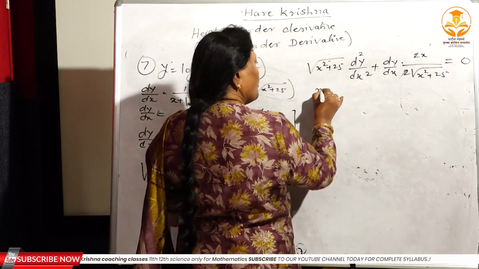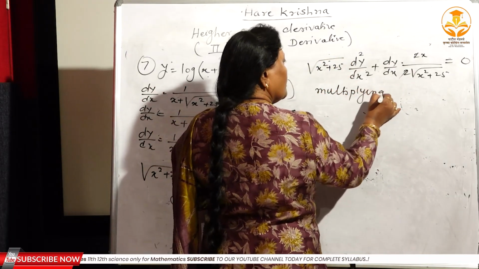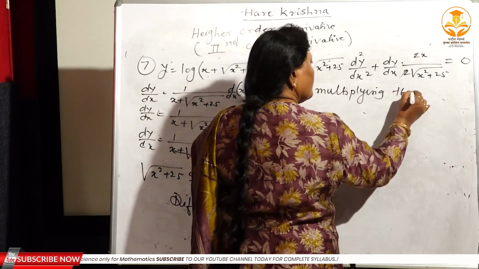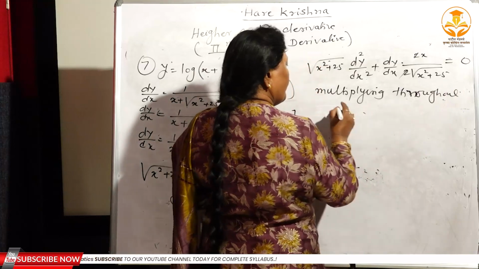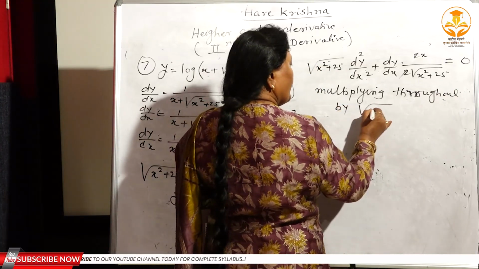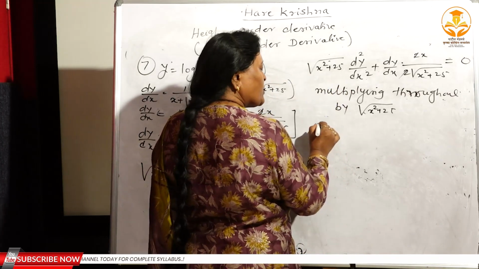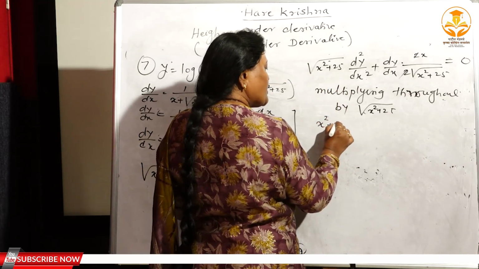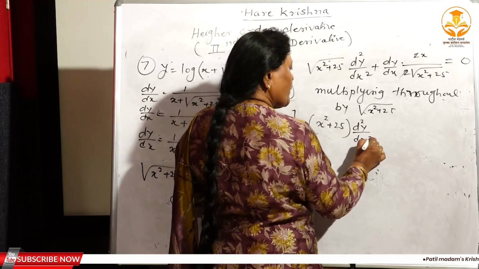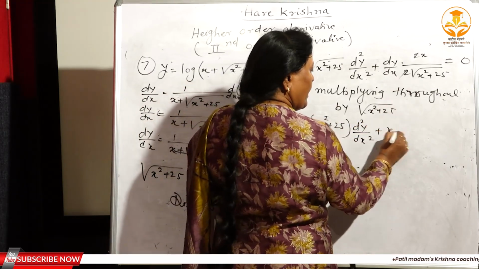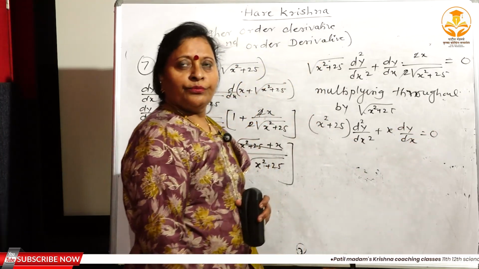Right? Again, multiplying throughout by root of x square plus 25, we get x square plus 25 d2y divided by dx square. This gets cancelled. Again x dy by dx is equal to 0.